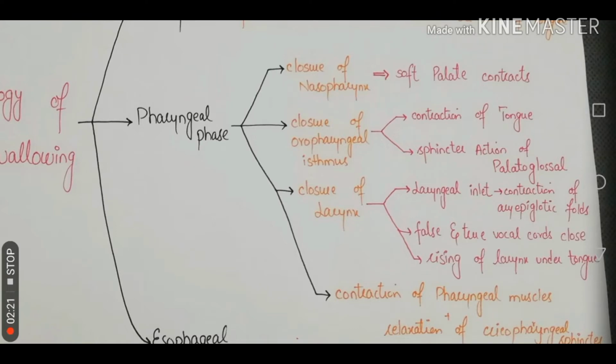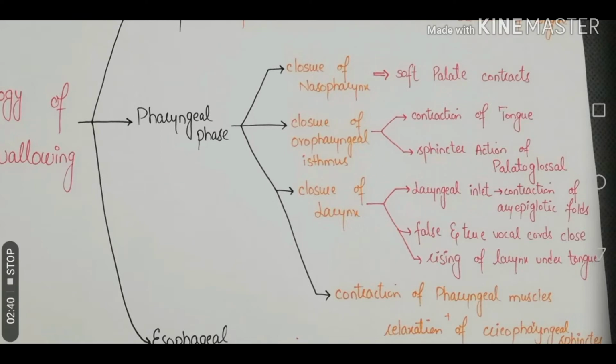First of all, there is closure of the nasopharynx, that is by the soft palate contraction. Then there is closure of the oropharyngeal isthmus that occurs because of contraction of the tongue and the sphincteric action of palatoglossal muscle. Then comes the closure of the larynx.